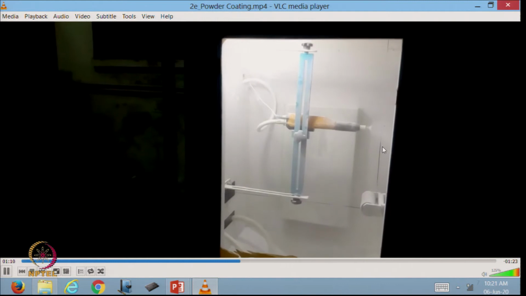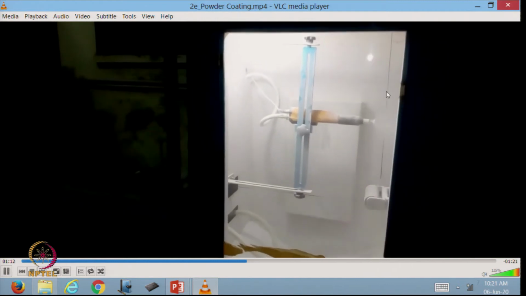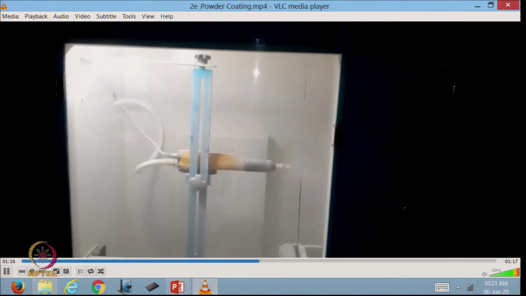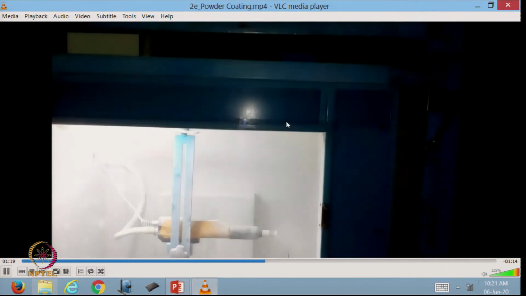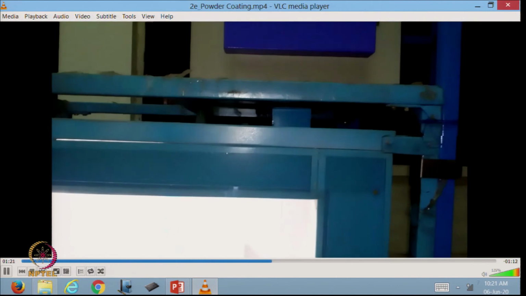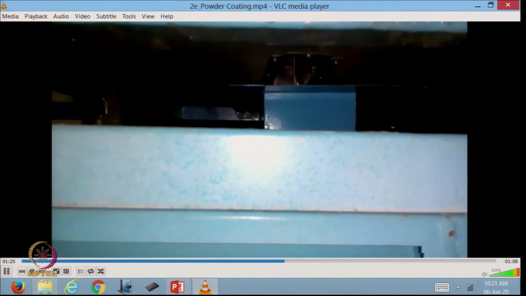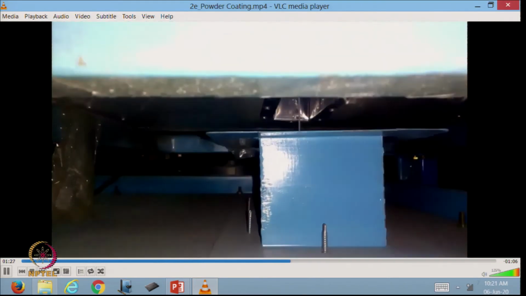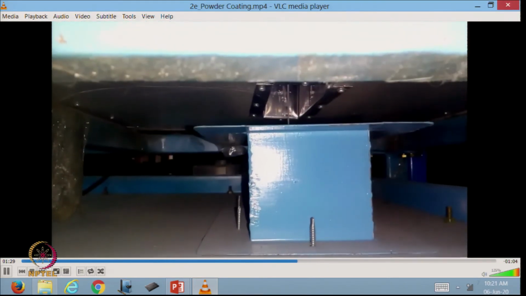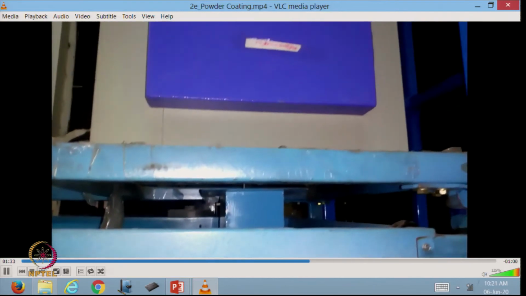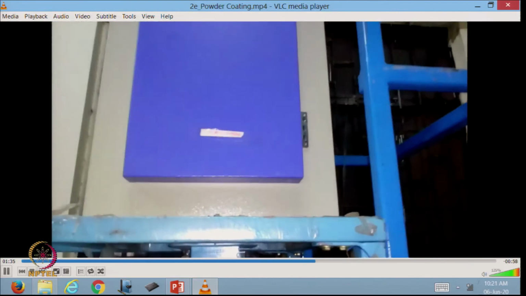After coating, this carbon tow coated with the polypropylene powder is entering into the oven, the convective oven, where partial melting of the polypropylene powder takes place.